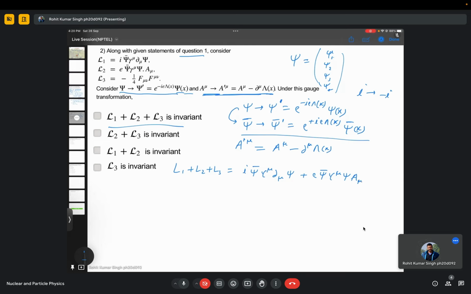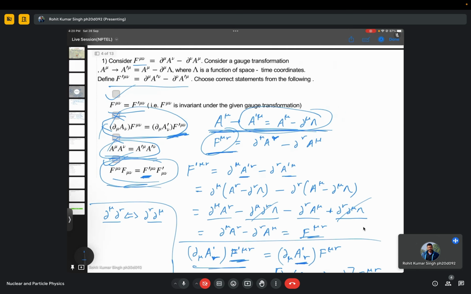So this is L1 plus L2, and L3 we have the scalar product of F mu nu. So we already saw that this is always invariant, right? We just saw in our first problem that this is invariant under gauge transformation.